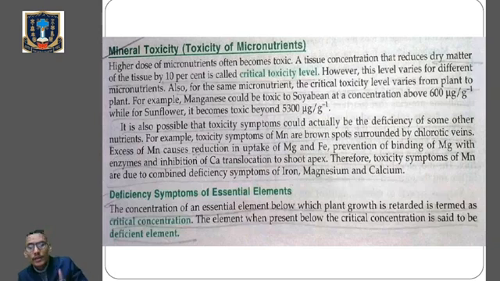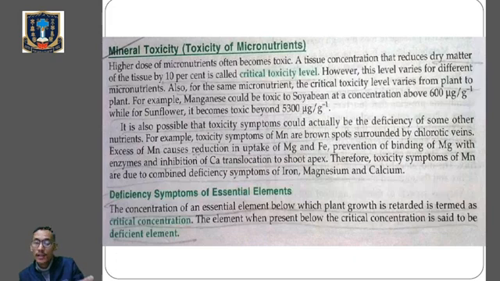So what does critical toxicity level mean? When a tissue concentration reduces the dry matter of the tissue by 10%, that is called the critical toxicity level, and this level will vary according to the plants. For the same micronutrient, the critical toxicity level varies from plant to plant.